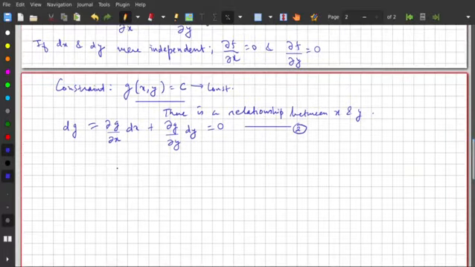If we use equations 1 and 2, we can write it in this way using an arbitrary quantity called lambda.